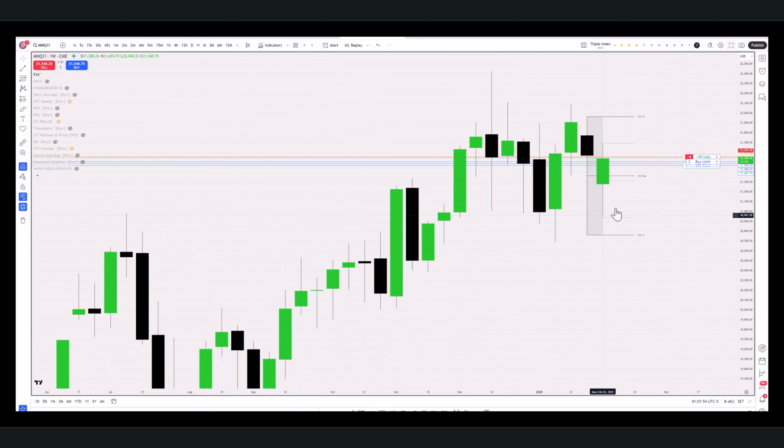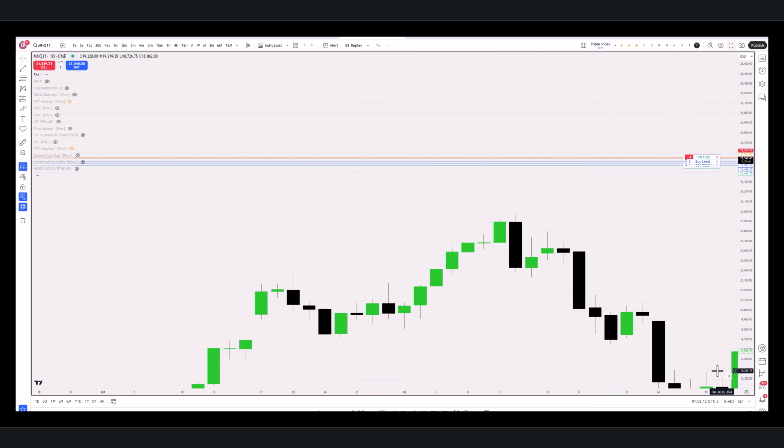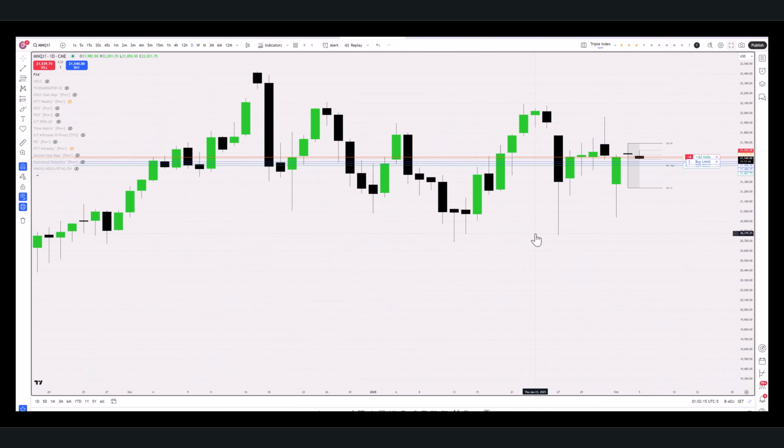Weekly. Daily. Yeah, it's interesting. So here I don't like it as much because on the daily here we got a swing low that was just created.